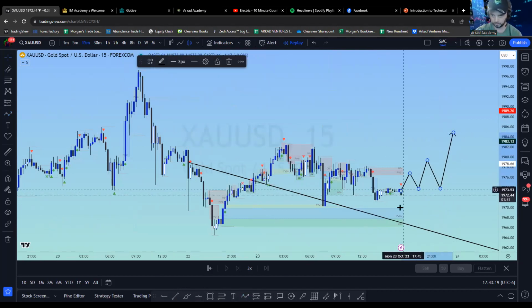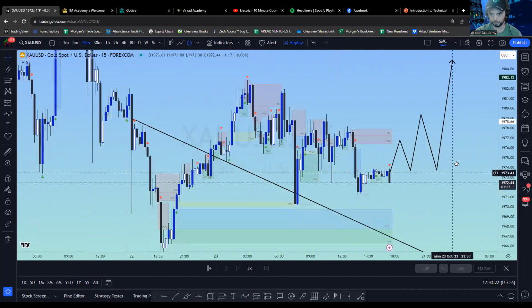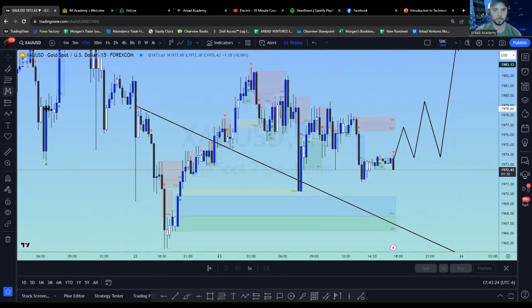Because without that break of structure, price will just keep going down. So it'll probably come down here, sweep that liquidity, maybe take that liquidity, fill that gap here. That's a nice big one.